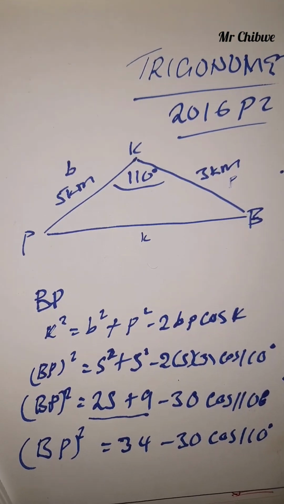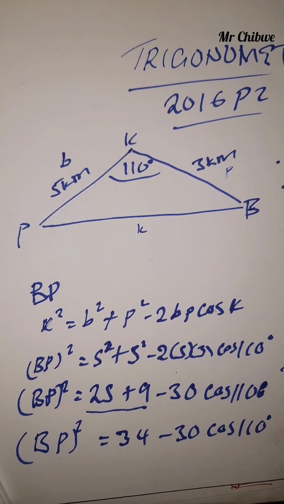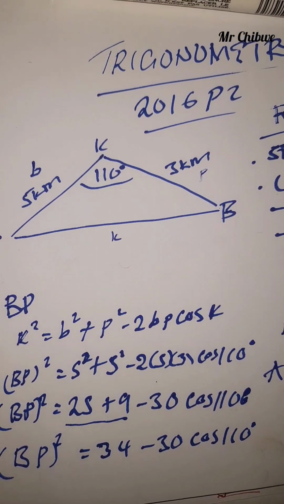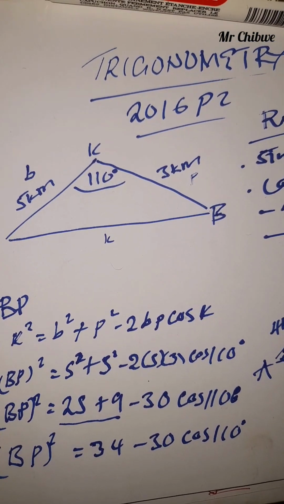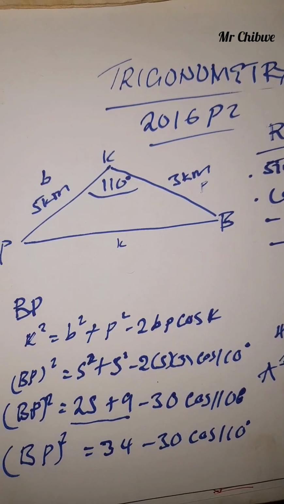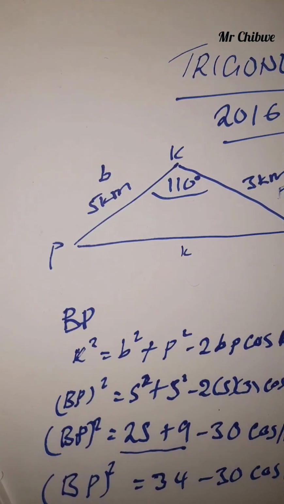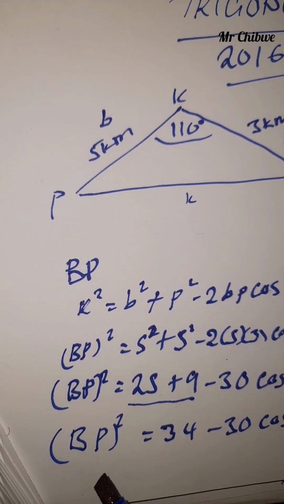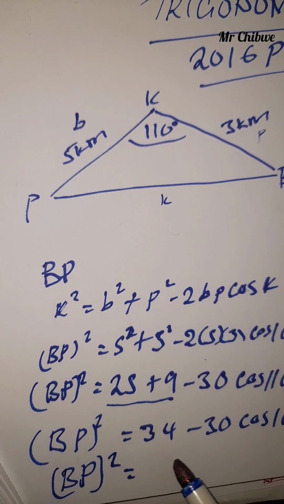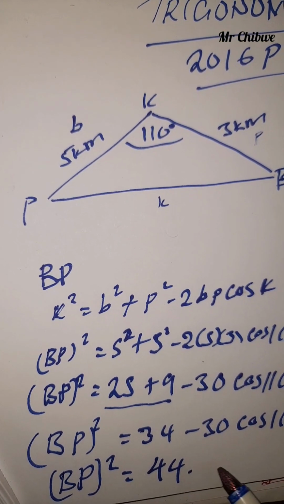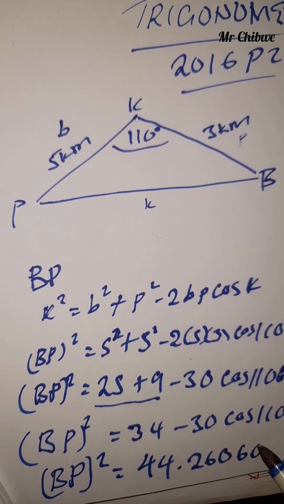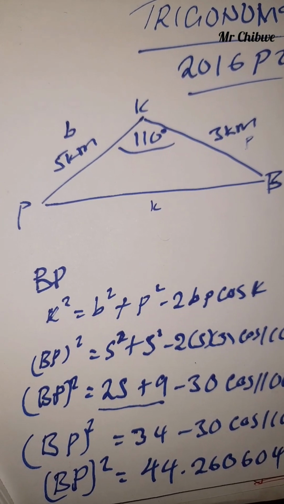Then when you punch your calculator, 34 minus 30 cos 110, the answer is, BP squared is equal to 44.260604.